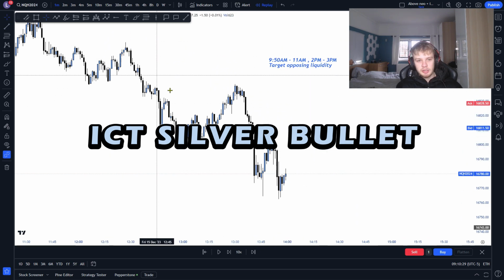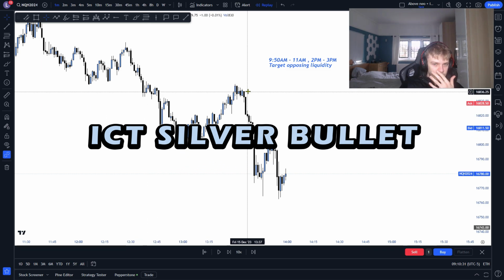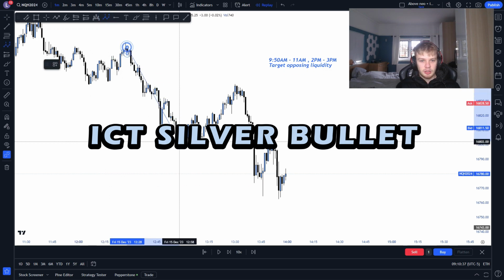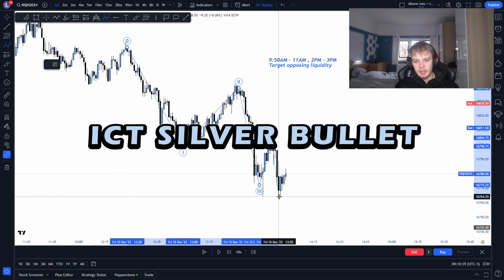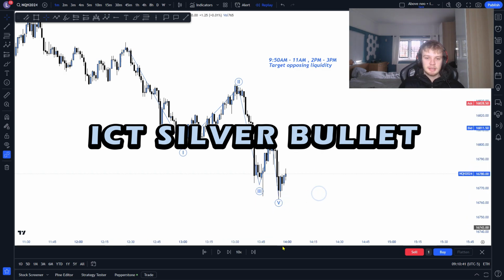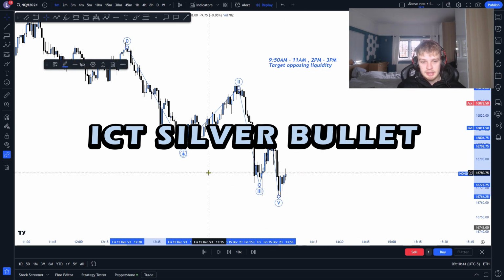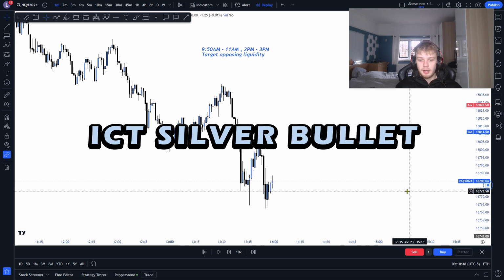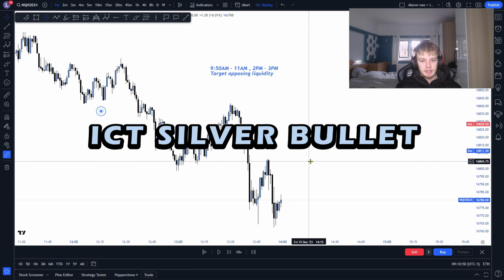Okay, we're in a downtrend. We're making lower lows, higher lows, lower lows, higher lows, lower lows. So you can just clearly see that right here we are going down and down and down, which means that our ICT Silver Bullet trade is going to be a long. We're going to look for buys because we have just been trending down.